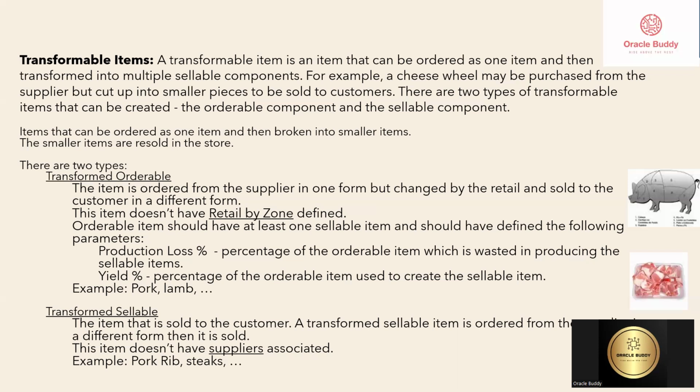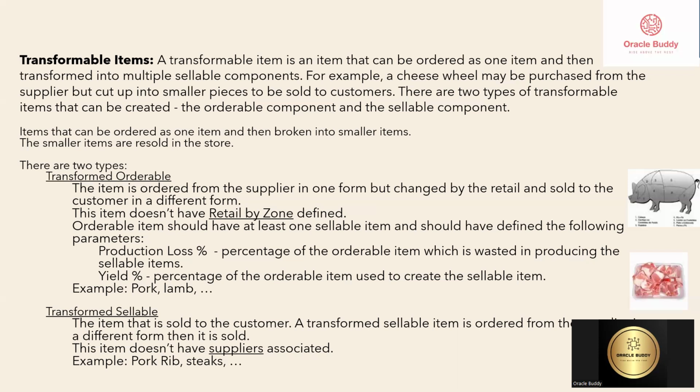Different items are sold at different retail prices. You must have visited a store where you buy meat or protein, and seen that different parts of an animal have different prices.